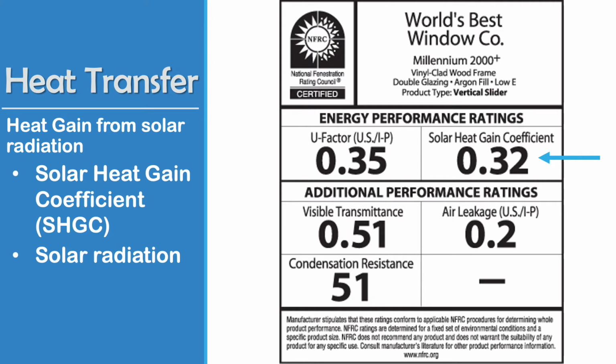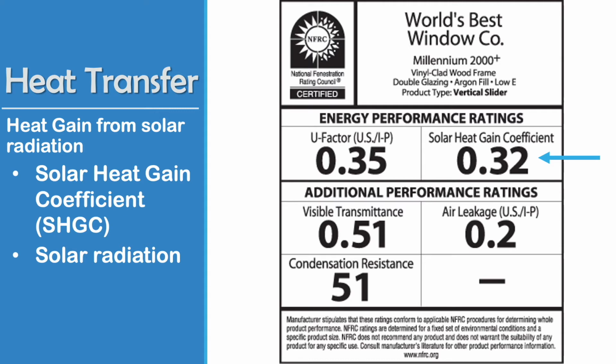The other things that we mentioned were the solar heat gain coefficient, which you read about, and which is part of solar radiation, of course. As solar energy passes through windows into a building, it is the infrared component that causes buildings to heat up.